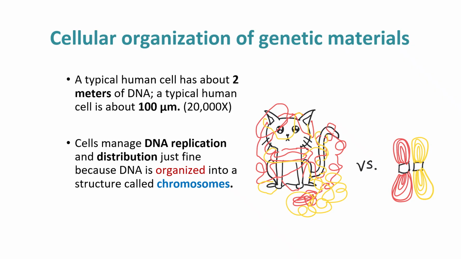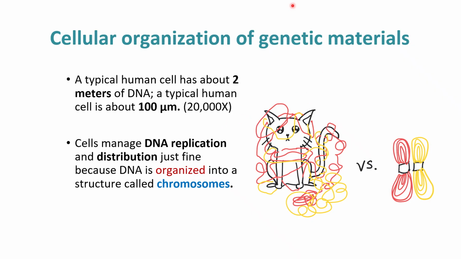DNA molecules are macromolecules made up of nucleotides, and a typical human cell, which is about 100 micrometers in length, contains around 2 meters of DNA. That's 20,000 times longer than the cell itself, which sounds like a hot mess to separate, right?